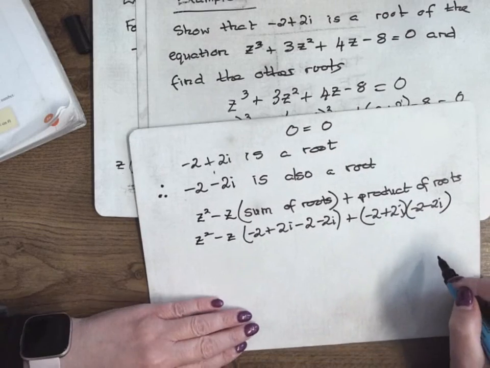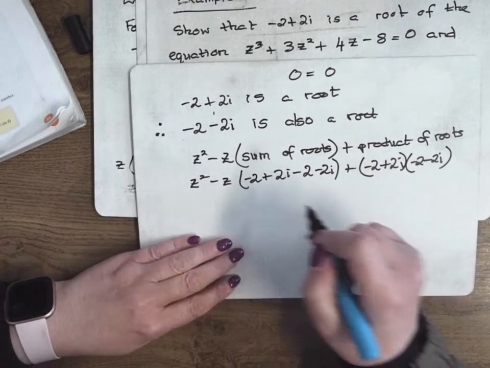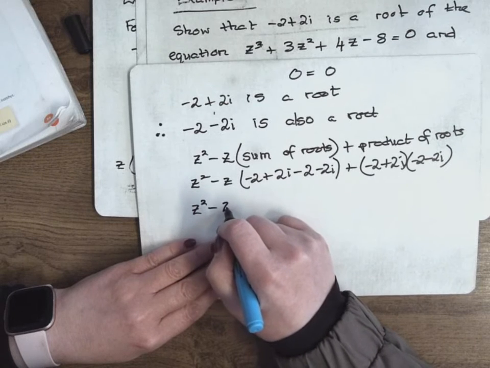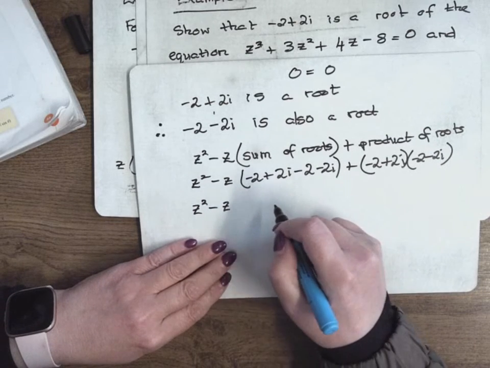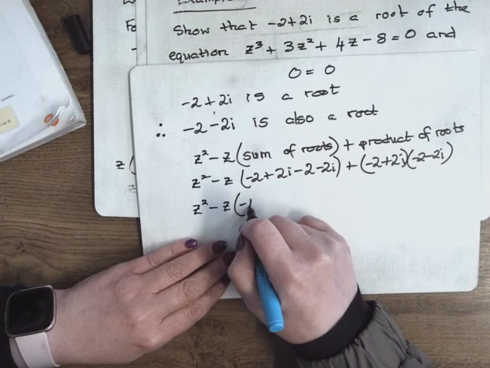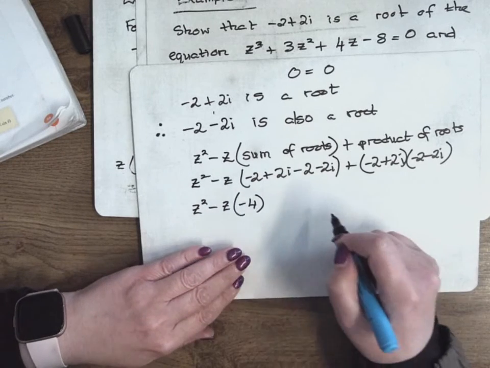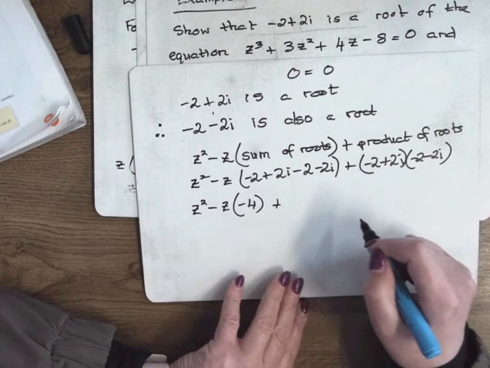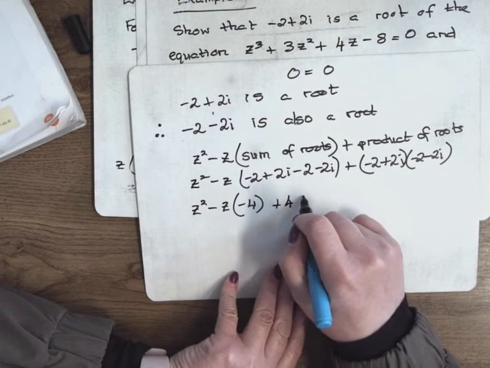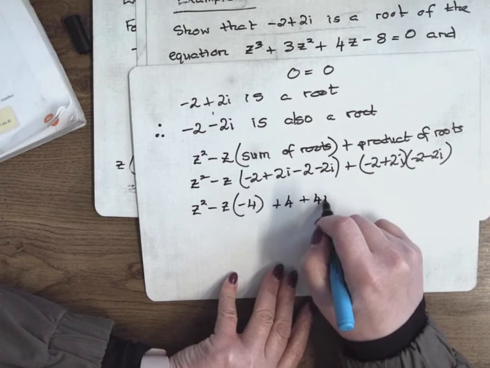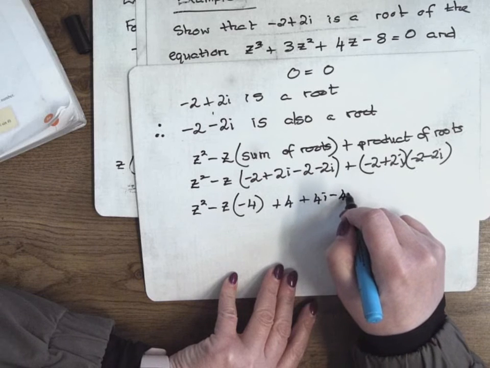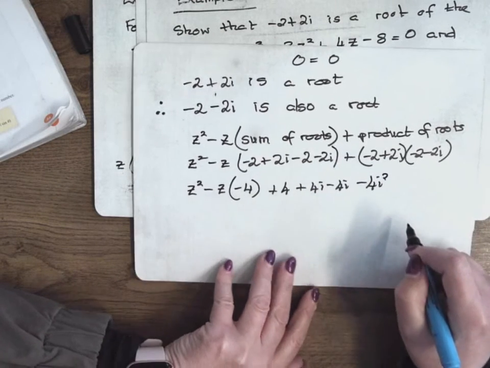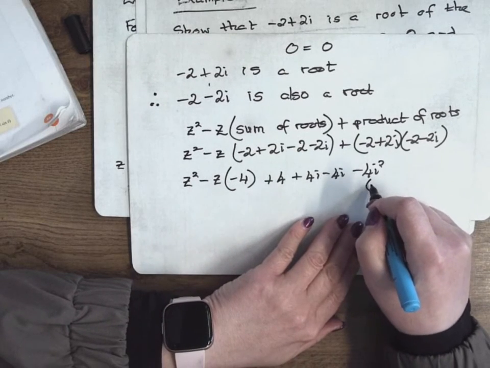Is that alright? So z squared minus z times, inside this bracket I end up with a minus 4. And over here, when I multiply out, that's a plus 4i minus 4i minus 4i squared. Replace that i squared with a minus 1.